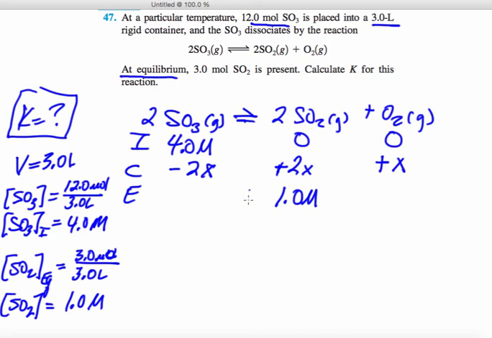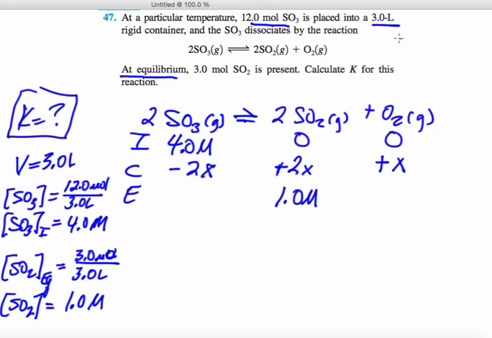Now, you should hopefully remember from doing problems in the ICE table, or not the ICE table, with the BCA table in stoichiometry, that if we have this set up, we can actually calculate the value for x by knowing that 0 plus 2x equals 1 molar. So I can quickly calculate what x equals. I think you guys can do the math here.